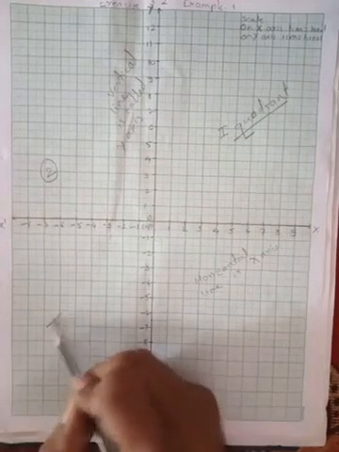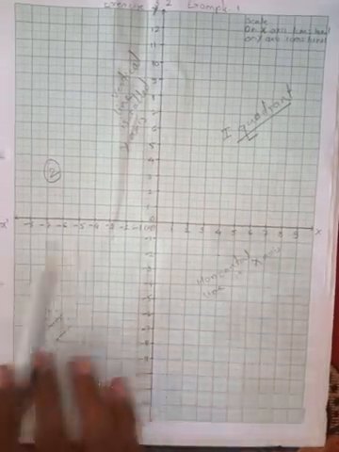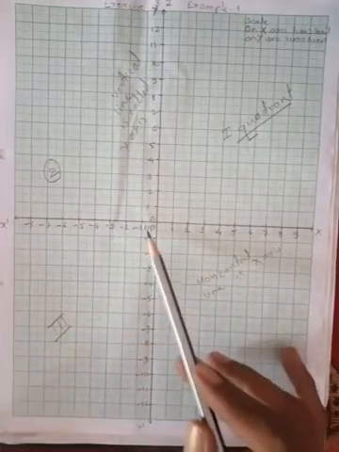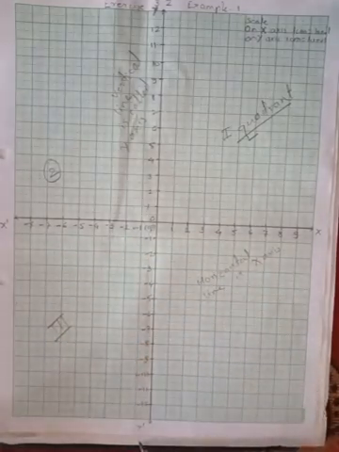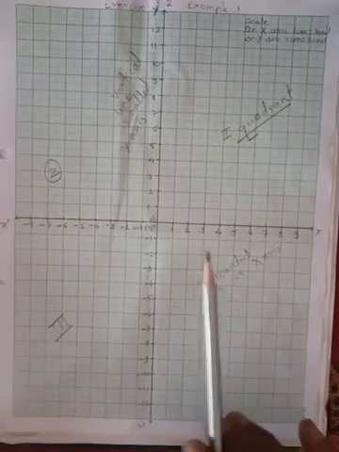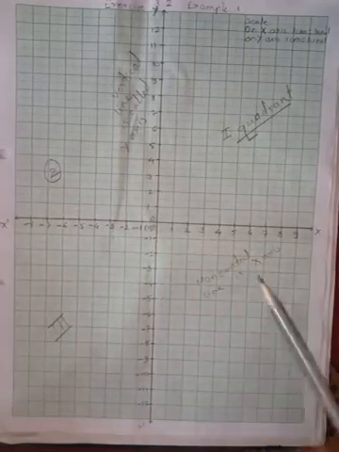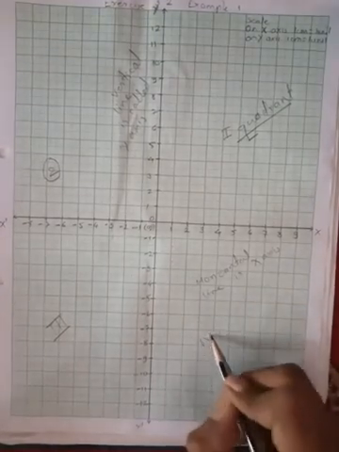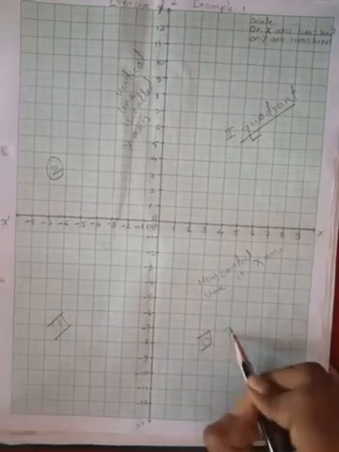This region is called third quadrant, that is the area between negative direction of x-axis and negative direction of y-axis. Then the area between positive direction of x-axis and negative direction of y-axis is called fourth quadrant.